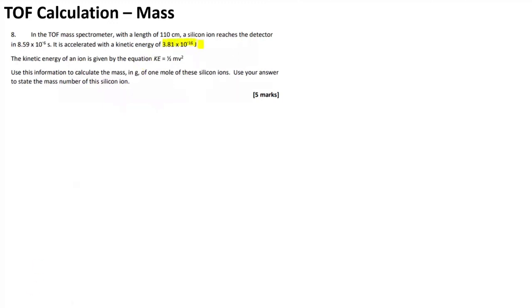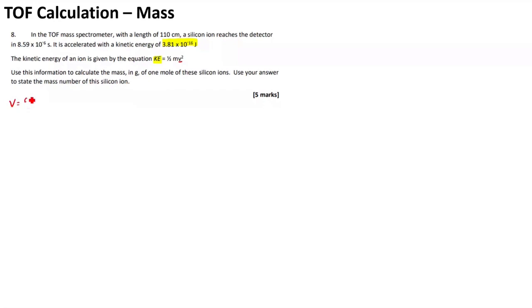Yes, we do. Do we have mass? No, because that's what we're trying to calculate. Have they given us velocity? No. So normally this is the first equation we use, but actually we can't do that this time. This time the first equation is going to have to be the velocity equation, and we're going to work out v.